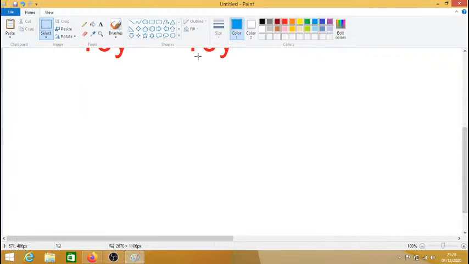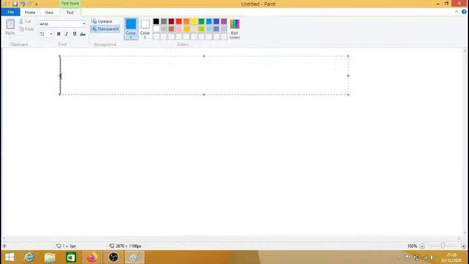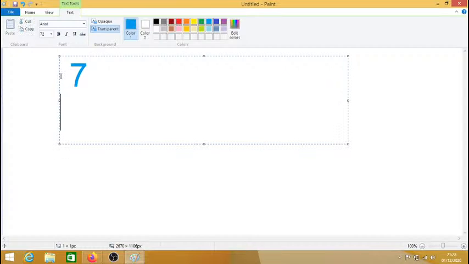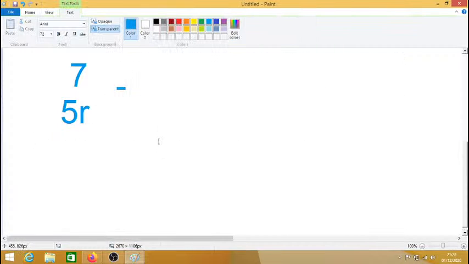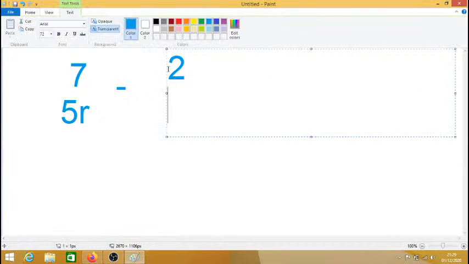Okay, one for you to try. See if you can handle this one. Let's go with 7 over 5r minus, let's go with 2 over 4r squared.